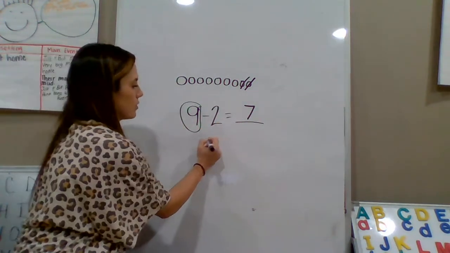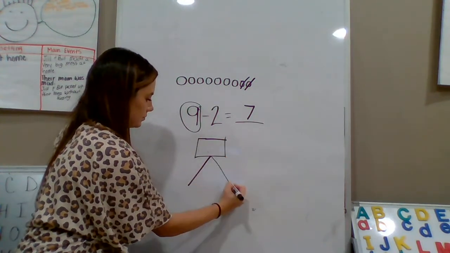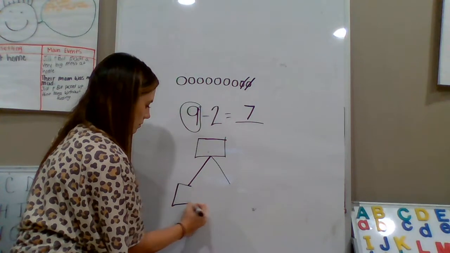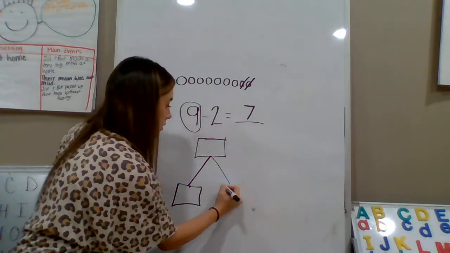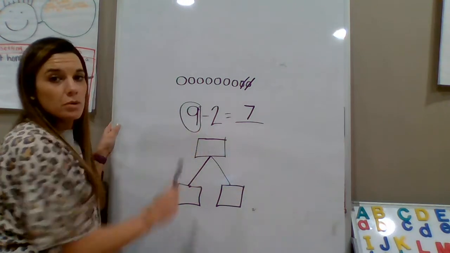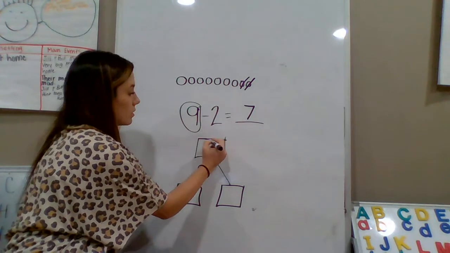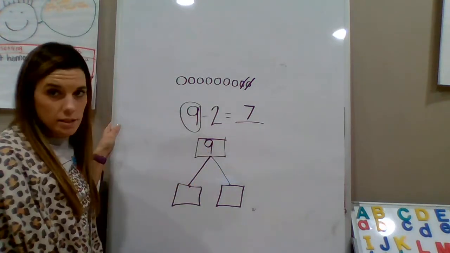If I wanted to put this into a number bond, you guys see? Okay. Remember, if I were going to put this into a number bond, my biggest number has to go up top. Always.